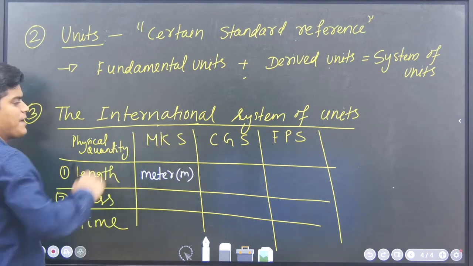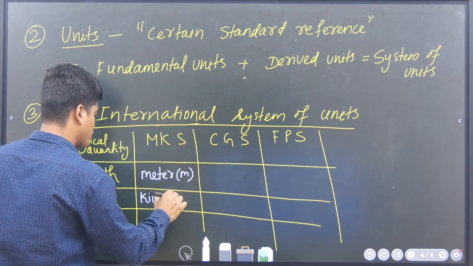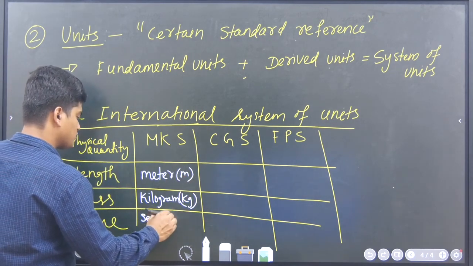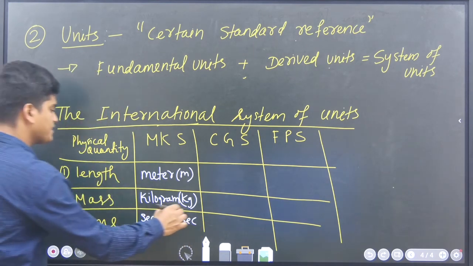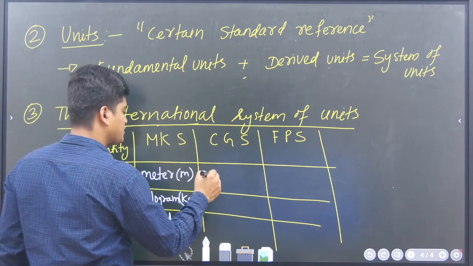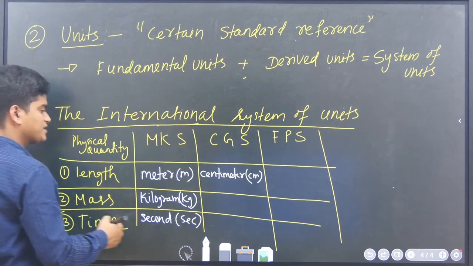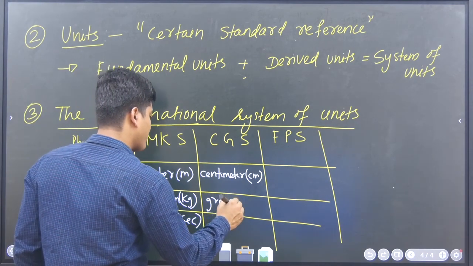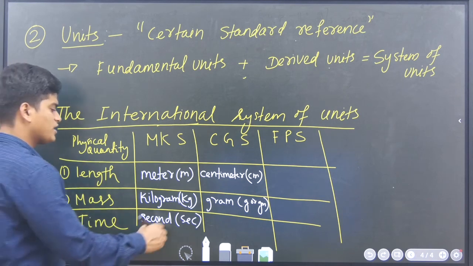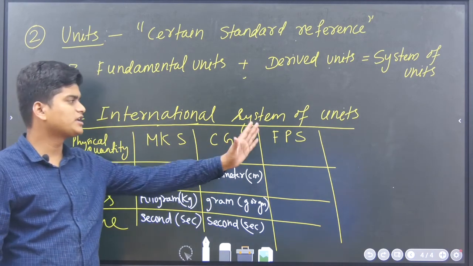Mass in the MKS system is kilogram, written as kg. Time is second, written as sec. In the CGS system, length is centimeter, or cm. Mass is gram, written as g or sometimes gm. Time is the same, second, so time does not change in the CGS system. So these are the systems of units.